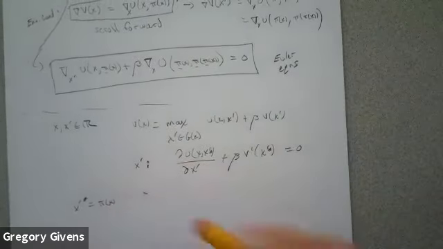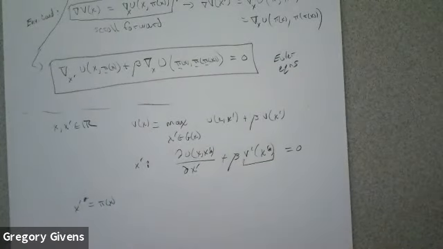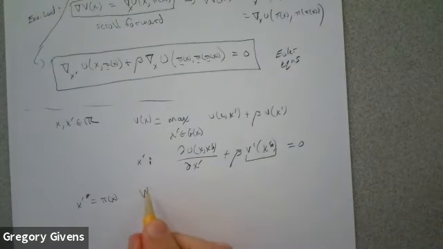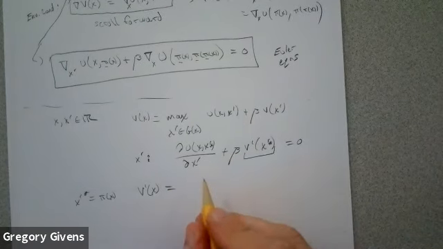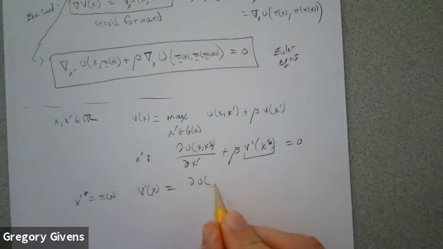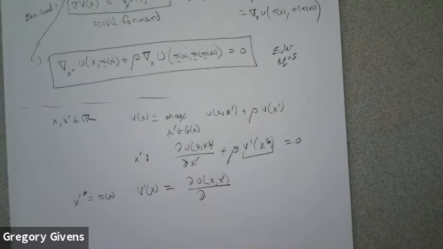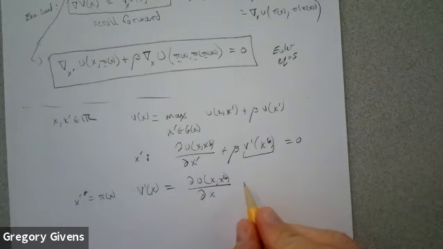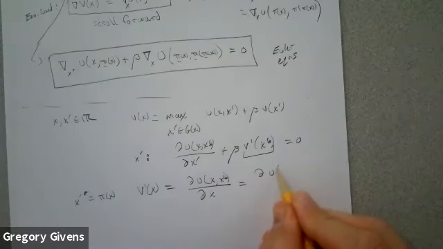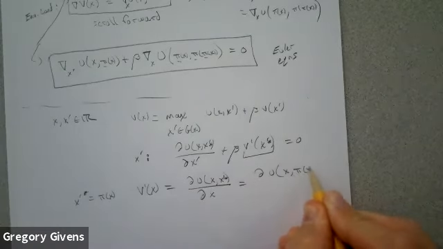Well, let me do one more step. We need an envelope condition here too, right? What is v prime of x? V prime of x is the partial of u with respect to the first argument evaluated at the optimal value of x prime, which is just the partial of u x pi of x with respect to the first argument.